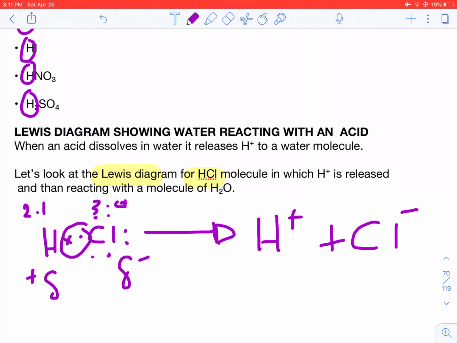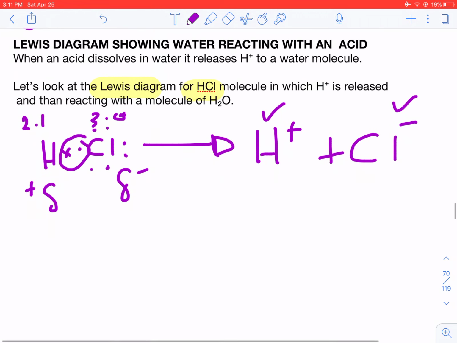So the HCl molecule didn't have any ions, but when it dissolves in water, the hydrogen breaks off from the hydrogen chloride and it forms an ion. So when these acids dissolve in water, they break up into their ions.